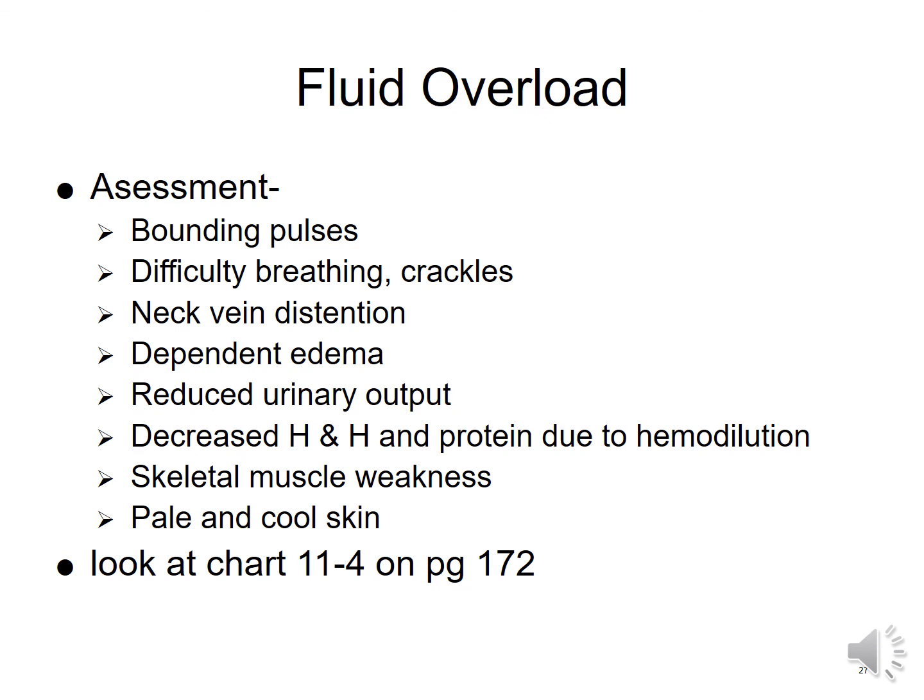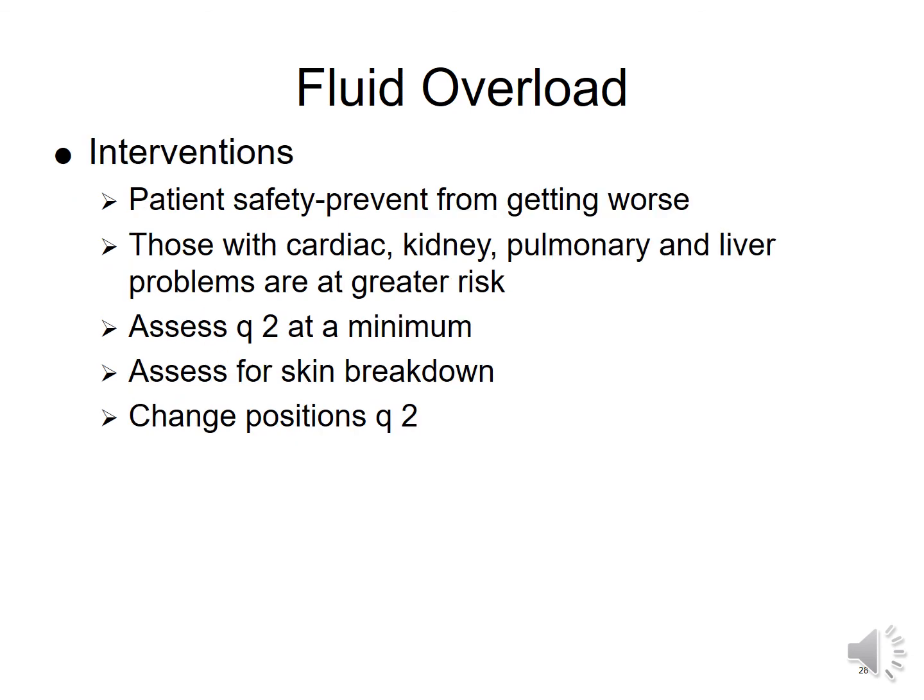We talked about skeletal muscle weakness, paresthesia. You may have gastrointestinal changes like increased motility, which would mean that you might have a little diarrhea going on there. And they could also have an enlarged liver upon your assessment of the abdomen. So what are our interventions for fluid overload?